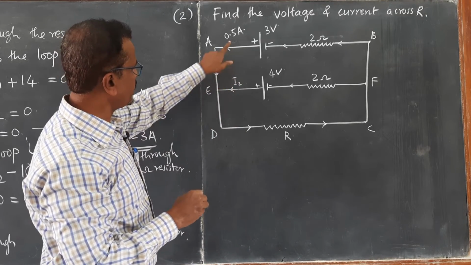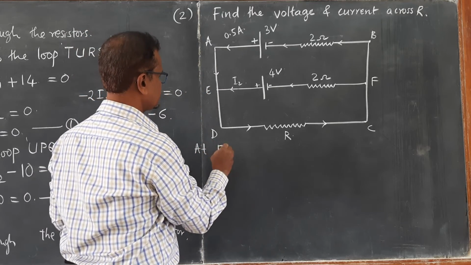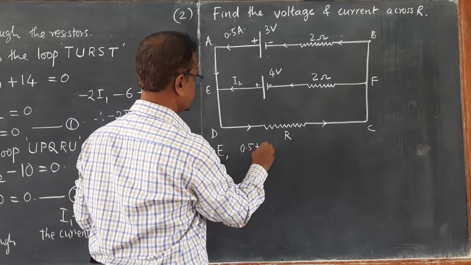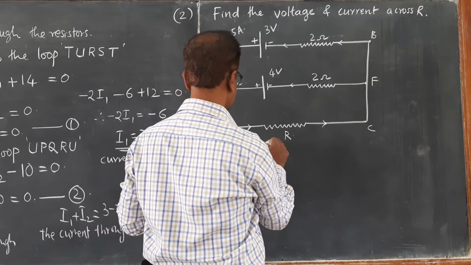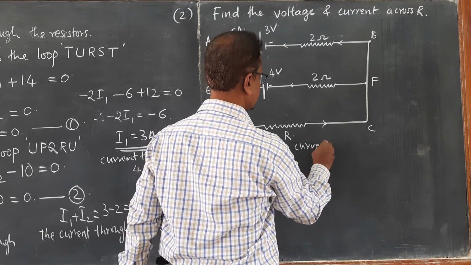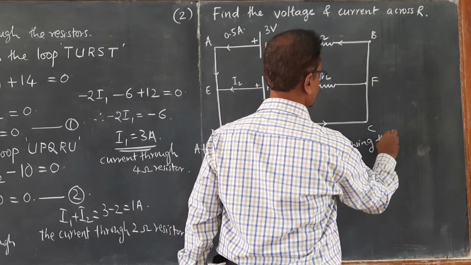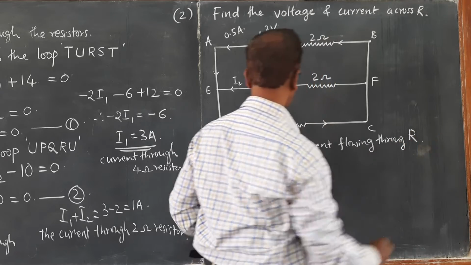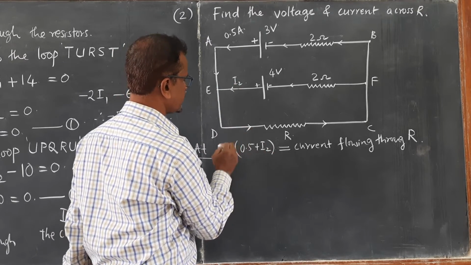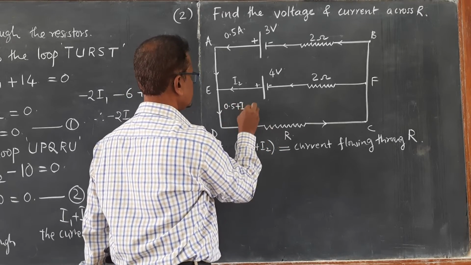I2 and 0.5 are the currents joining here at E. So at E, the current is 0.5 plus I2, and this is the total current flowing through resistance R. From E, 0.5 plus I2 is the current that is flowing.